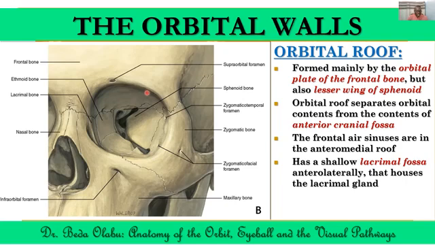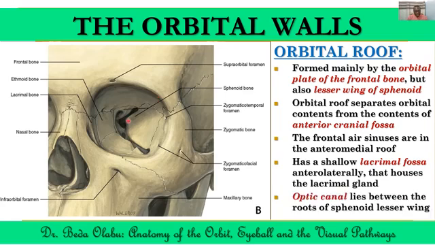So this is the location of the lacrimal fossa, the impression of the lacrimal gland. The optic canal is at that point, and as I've already told you, it lies between the two roots of the lesser wing of the sphenoid bone. So that's the orbital roof.